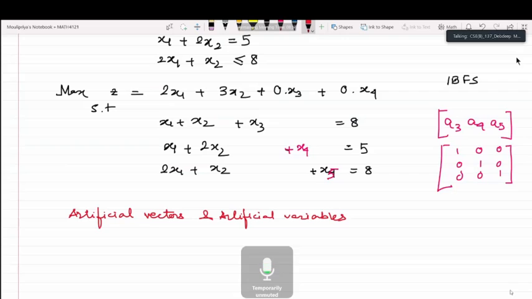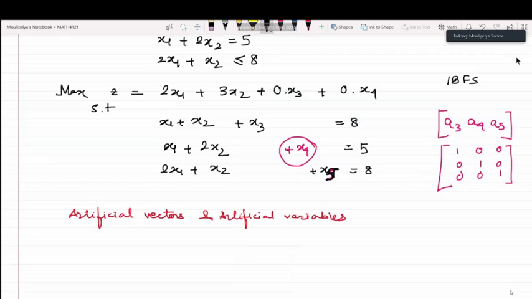Exactly. Exactly. x5 is not the artificial variable, the artificial variable is x4. x5 is the slack variable. Correct.